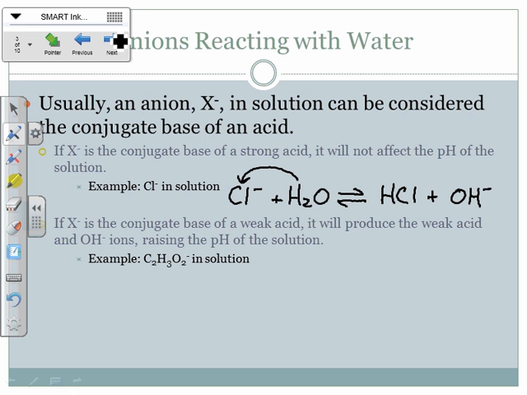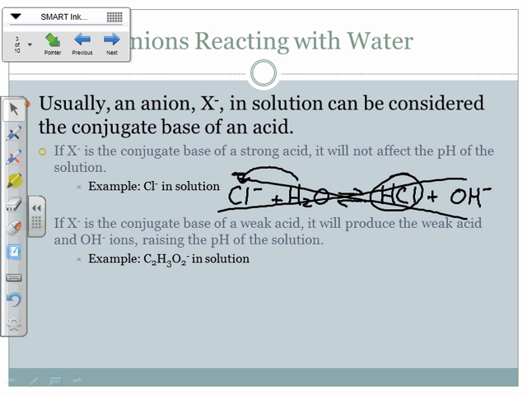Well, the problem with that is that HCl, we know, always dissociates in water. It's a strong acid, right? So that H from the water is never going to come back together with the Cl minus to form HCl. That just doesn't happen. So basically, this is no reaction here. That doesn't work.